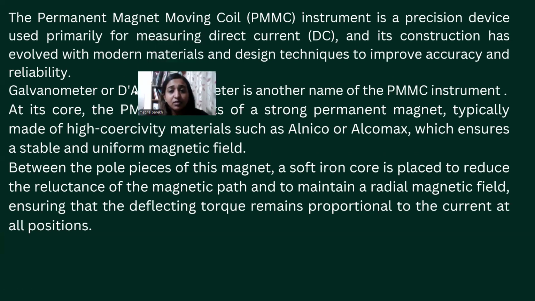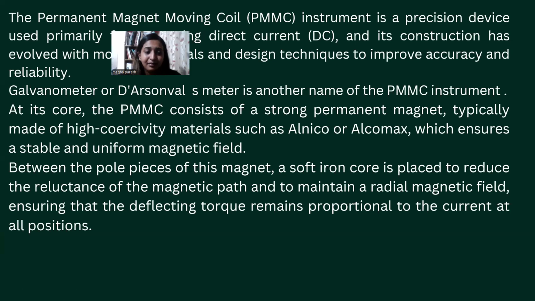The PMMC instrument is a precision device used primarily for measuring DC current, not AC. And for AC, we can see later how it works. Its construction has evolved with modern materials and design techniques to improve accuracy and reliability.